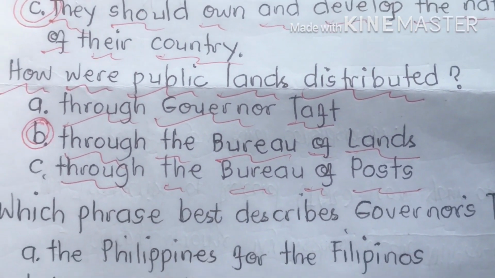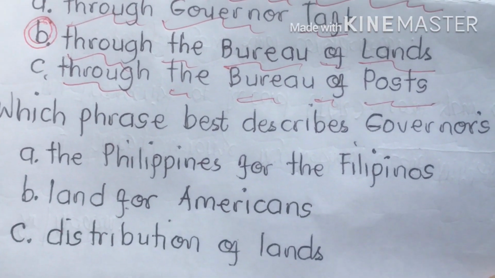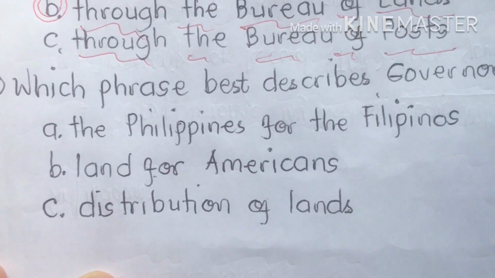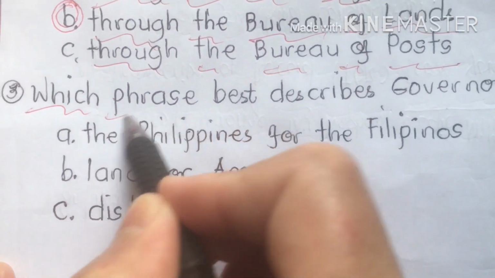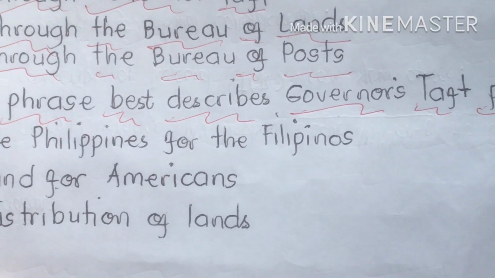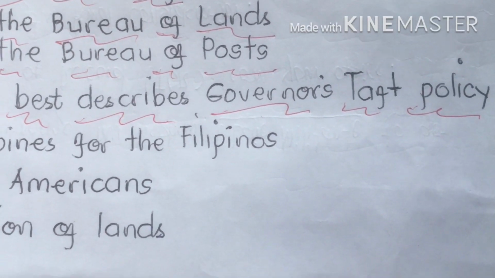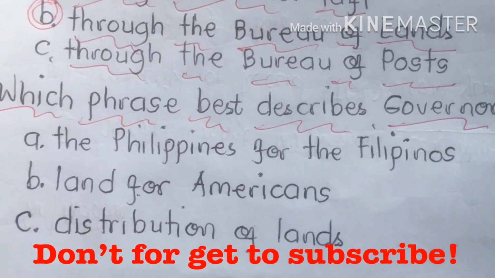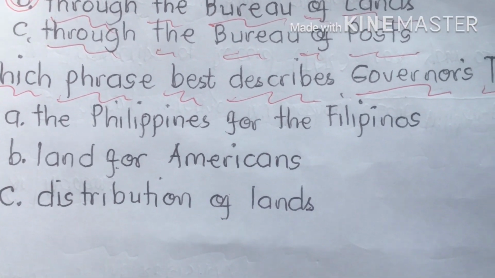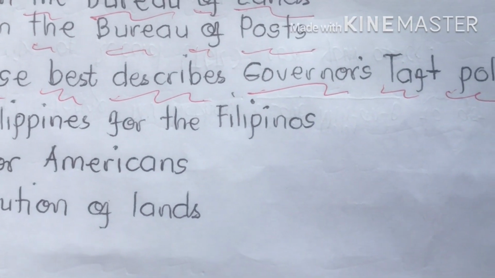Next, the third and the last question, but this might quietly surprise us. Okay? Next, please follow, guys. Which phrase best describes Governor Taft's policy? Okay, describing William Howard Taft, what is his policy? Remember, if you followed our discussion, class, you can get the right answer.